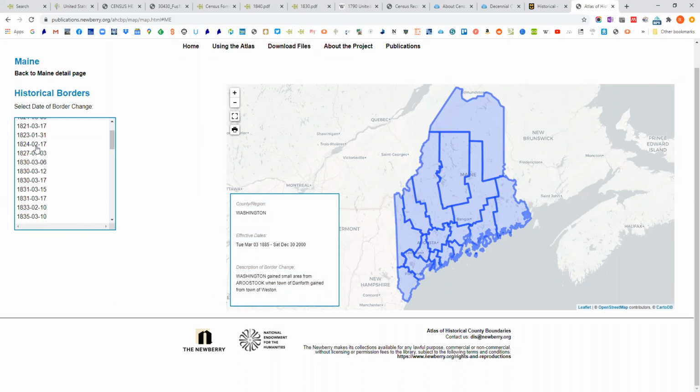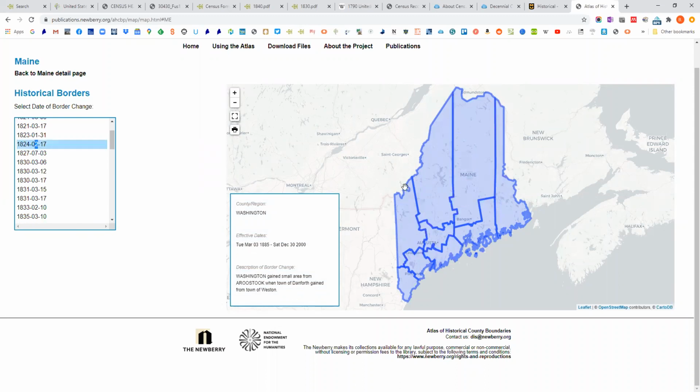So if we go back here and click here, you can see Lincoln lost a small area to Kennebec.